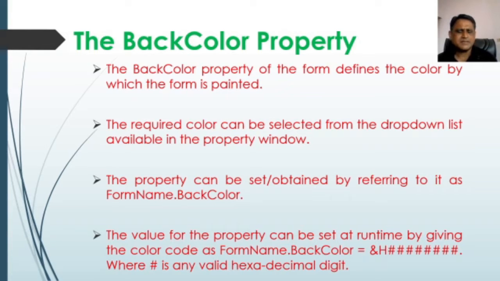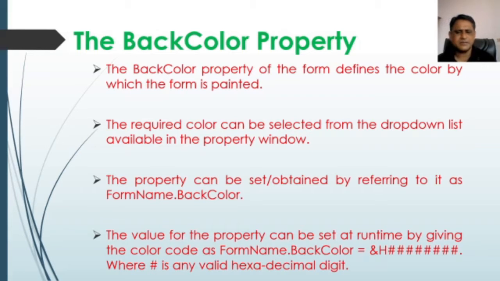The property can be set or obtained by referring to it as form name dot back color. The value of the property can be set at runtime by giving the color code. Various logical names are defined, so named colors are available in the code.